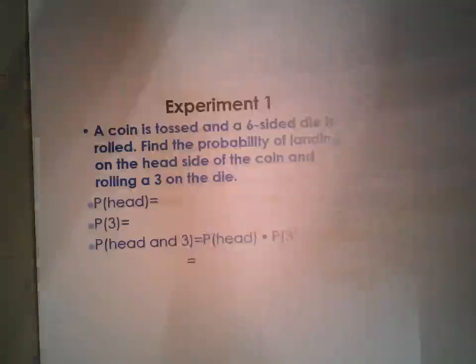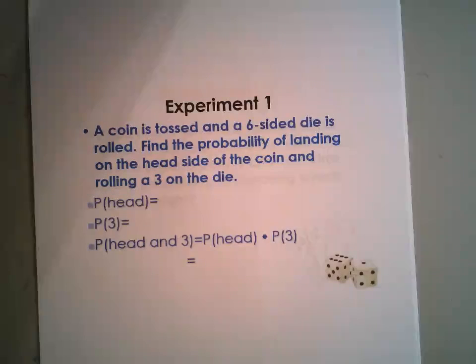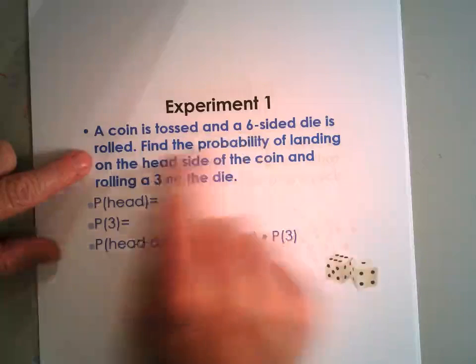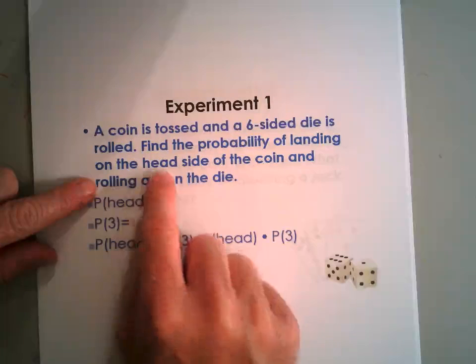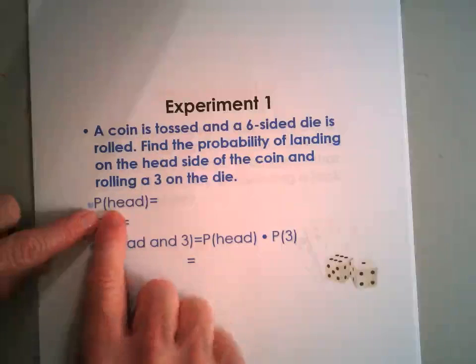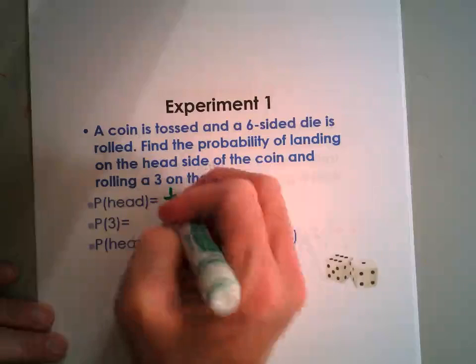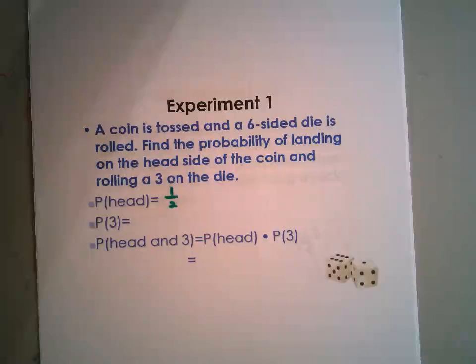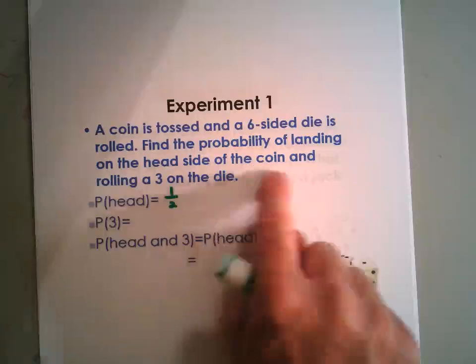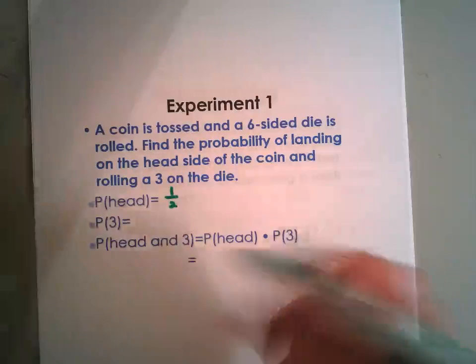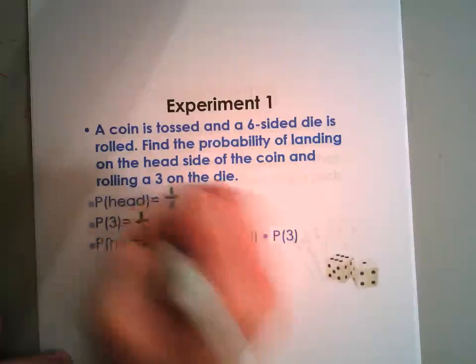So independent events have nothing to do with each other whatsoever. For instance, like this. If we flip a coin and we roll a 6-sided dice, find the probability of landing on heads. So we want to land on a head. That means our probability would be 1/2, because there's one head, two choices. And then when we roll the dice, we want to roll a 3. Well, on a dice, there's only one 3, so it's 1/6.